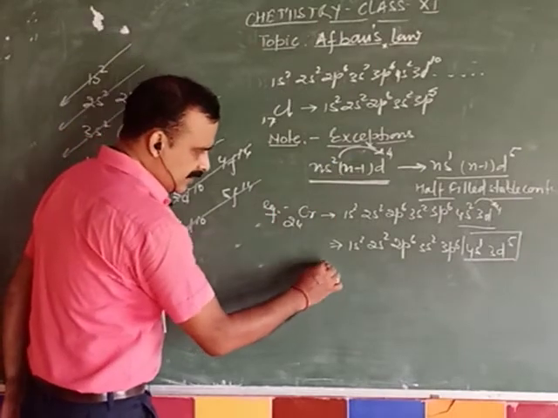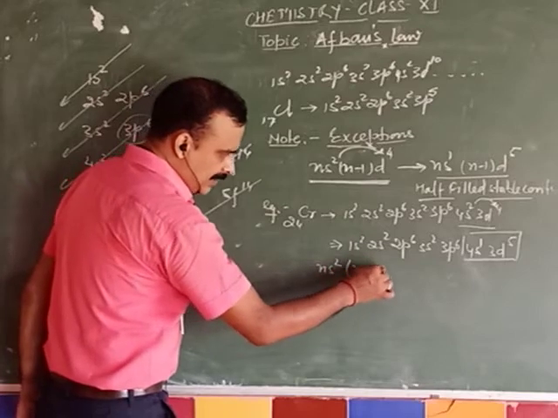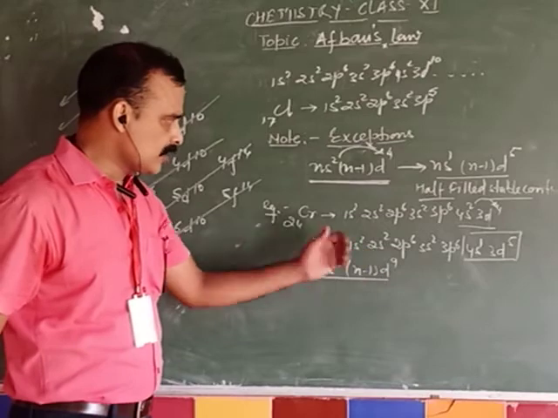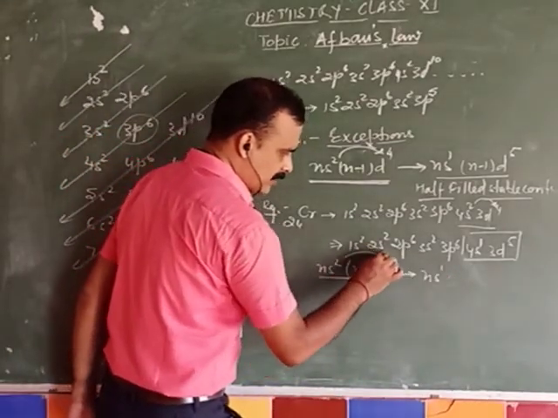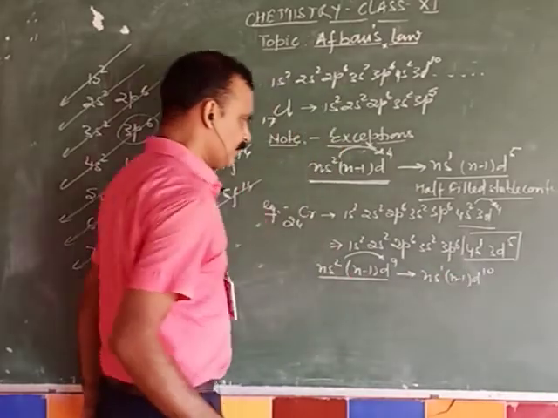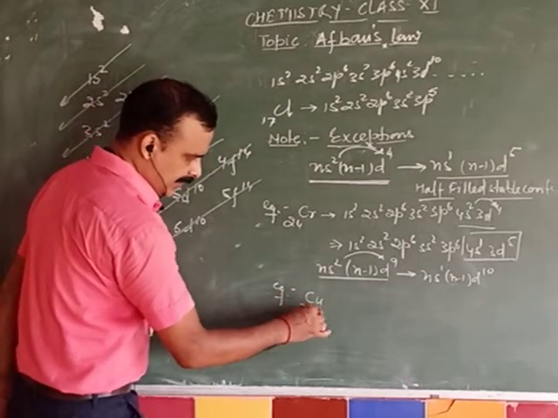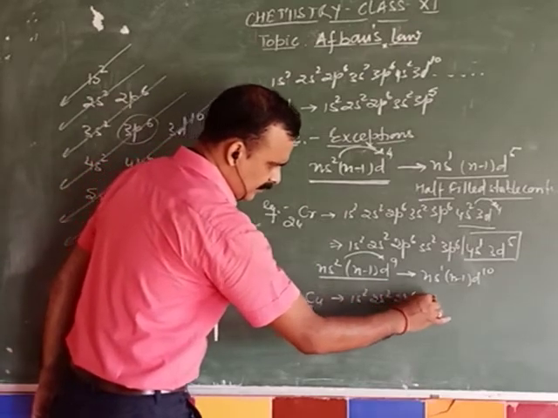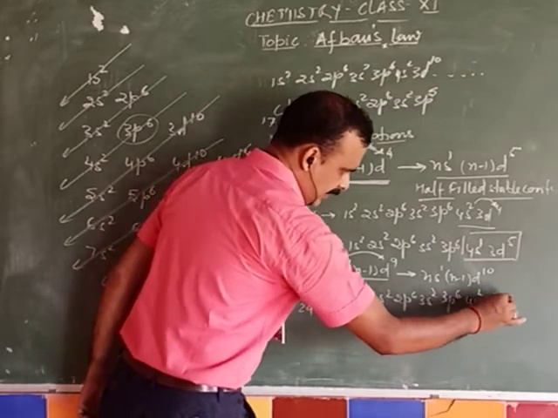One more exception is there. If there is ns2 and n minus 1 d9 configuration, it is nearly very close to the stable configuration, that is ns1, means one electron is shifting, ns1 and n minus 1 d10. The example here again we are having is copper 29. I am writing the configuration 1s2, 2s2, 2p6, 3s2, 3p6, 4s2 and 3d9.